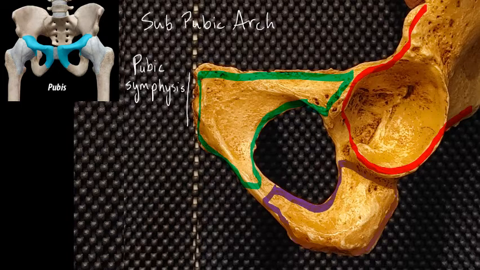Now, what we're interested in is an arch that's formed when two of the innominate bones are together. We only have one innominate bone here, and you might be thinking, how do we determine that? Well, we could just flip it over and trace its outline, because they're going to be very similar in appearance. Here I'm just going to sketch it in the way it would look if we did flip it over.